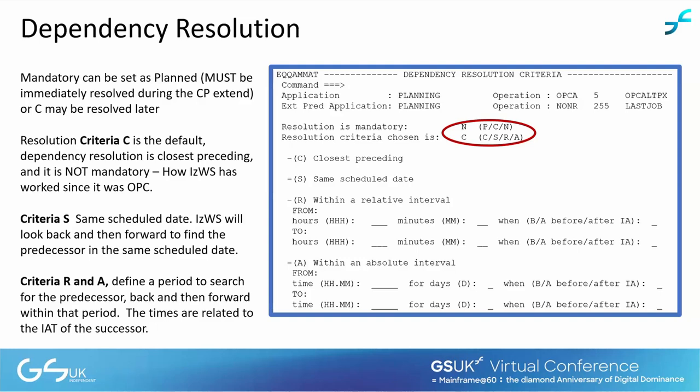It is a way to solve problems where you've suddenly got an input arrival time that is later, and it's not a problem until you add this other job in, which is now a predecessor to something in an earlier application. There are other ways you can do it. We all know that we can put an operation input arrival time on the job, but this gives you additional options now.